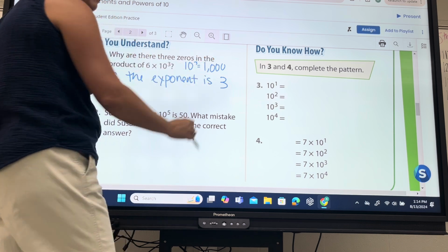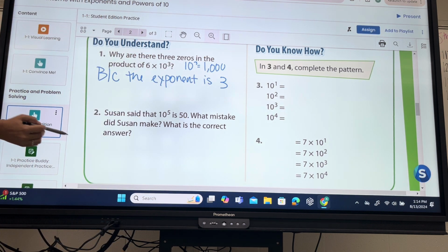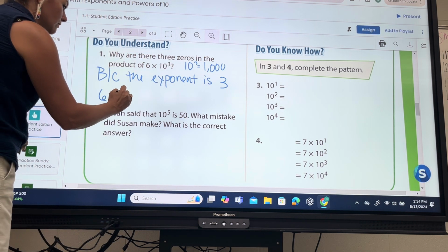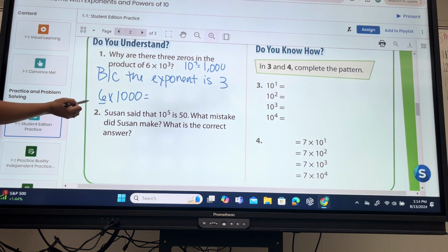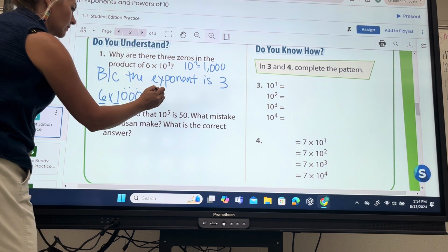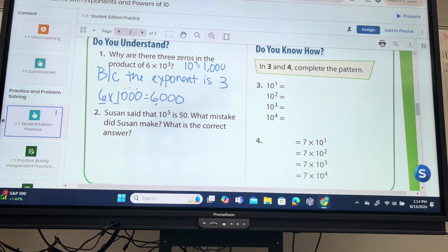Okay, there's 3 zeros. And we know that 6 times 1,000, what's our shortcut? We say 6 times 1 is 6, and then we put 3 zeros.